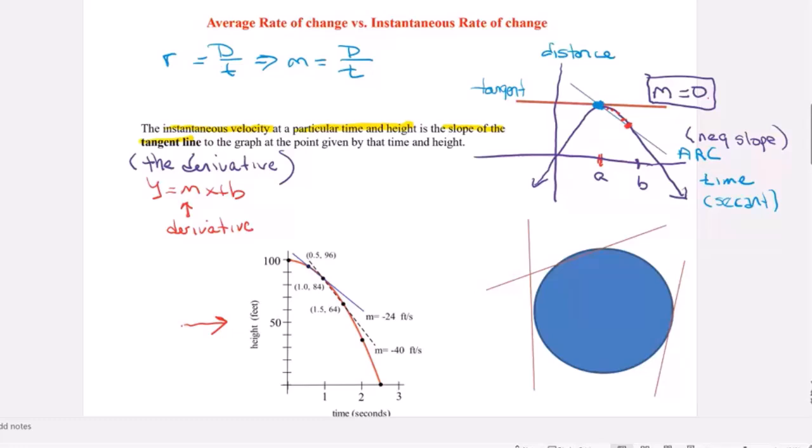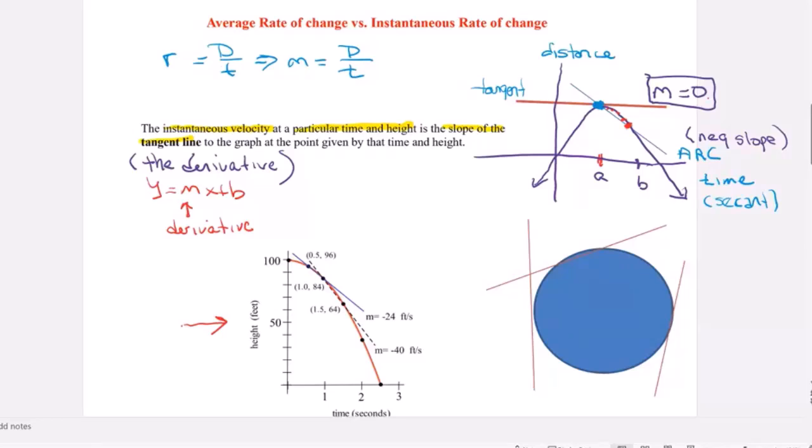So the derivative is really important. It's basically most of what we're going to learn this term, besides what we did before, which was review. And so I want you to get the idea of what we're doing, okay? And this graph right here is a graph of the tomato falling off the roof.